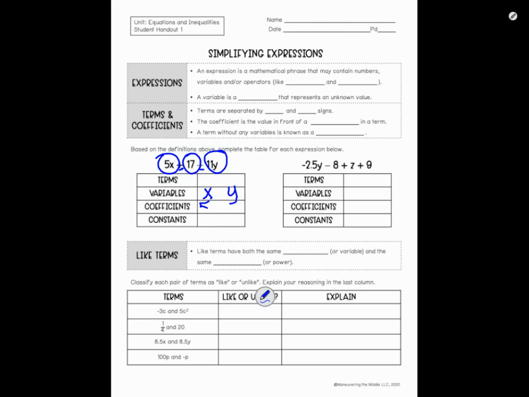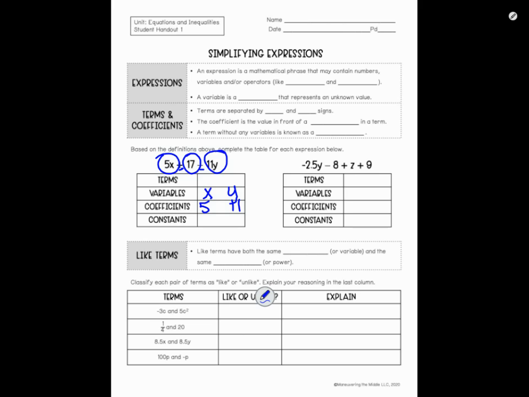So we have 5 and 11. Those numbers tell us how many variables we have. We have 5 x's and 11 y's. It also tells us to multiply, so the 5 we're multiplying by whatever x will be, and 11 by whatever y will be.